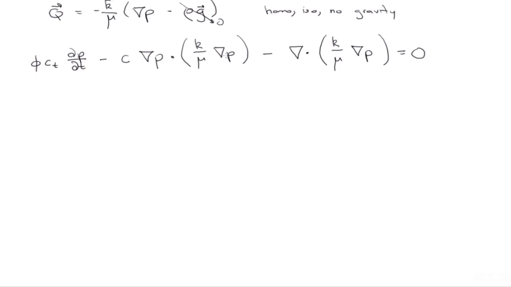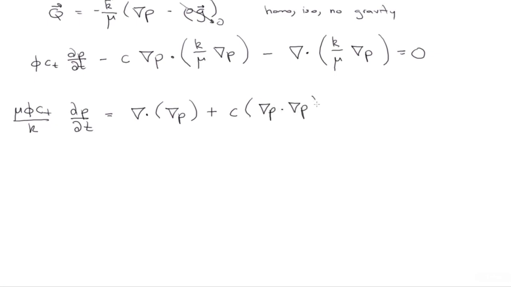And so with that, I can factor out and rearrange this equation in a way that I have phi ct mu over K, dp dt is equal to the divergence of the pressure gradient plus the compressibility times the dot product of the pressure gradient with itself. And so this is the general form of the diffusivity equation under the assumptions that we made.